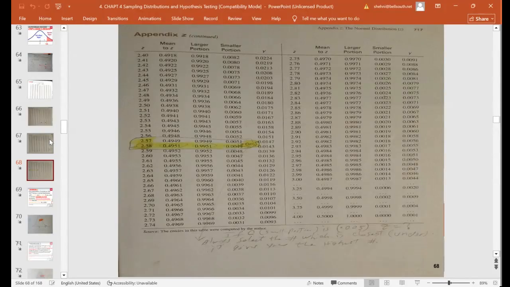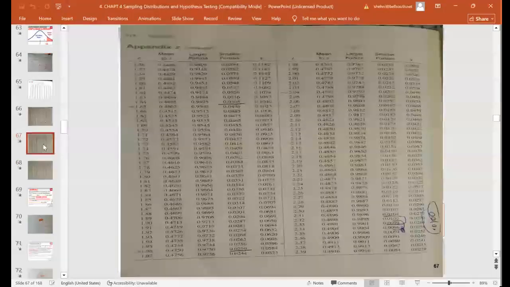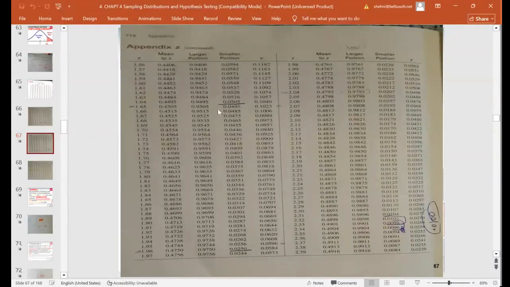Now let's go back. 0.05, right there. On the left side of the screen, I underlined it in blue. A small portion, that's alpha 0.05. That's the closest you can get. So if you move to the left, you see that the z-score is 1.65 or 1.64.